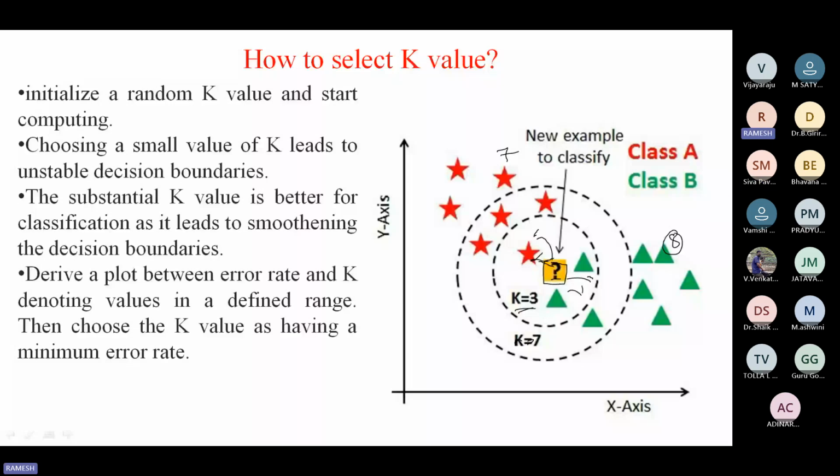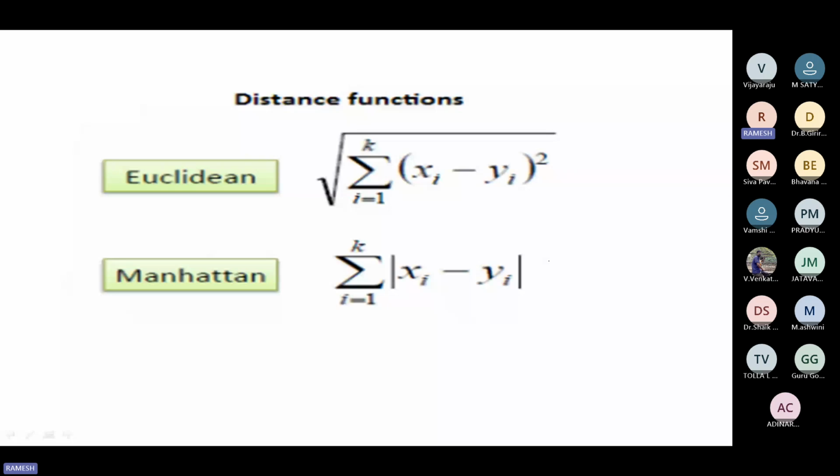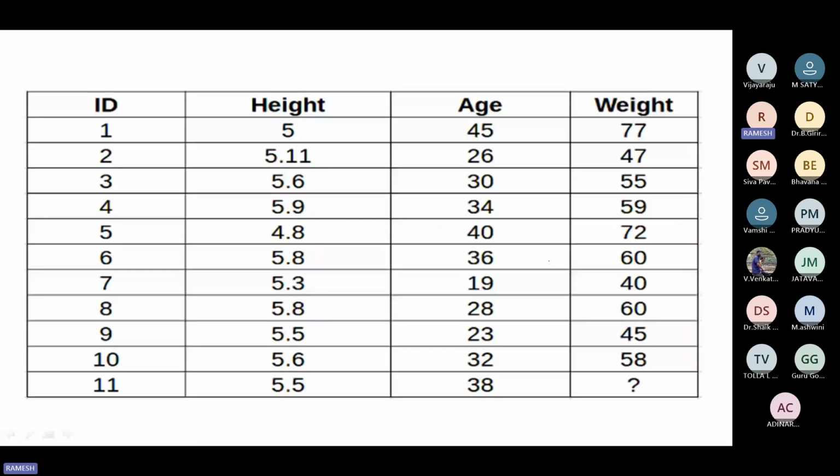As I said, we can calculate the distance by using Euclidean distance or Manhattan distance. Now, if you look at one example, the ID will be dropped from the data set.